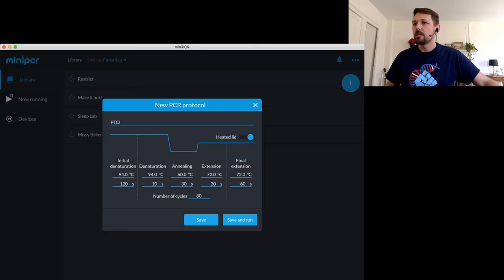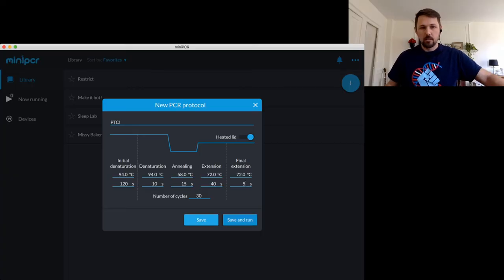We're going to change the annealing temperature to 58, and that's going to be for 15 seconds. The extension is still 72, but we're going to change that to 40 seconds. And it calls for a really short final extension. The final extension usually isn't very important, so we're doing a real short one. And we're going to go for 30 cycles.